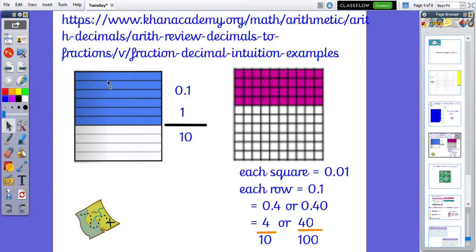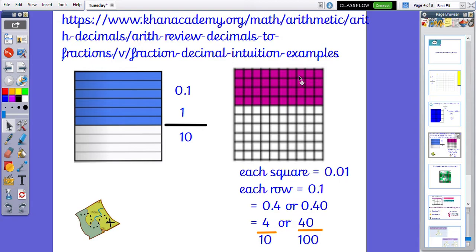So what he was saying was that if he added columns into this to give him 100 square rather than a 10 square, each square would be worth 0.01, but each row would be worth 0.1, like in his blue one. Okay, so we can use this to help us work out how many are in this square.